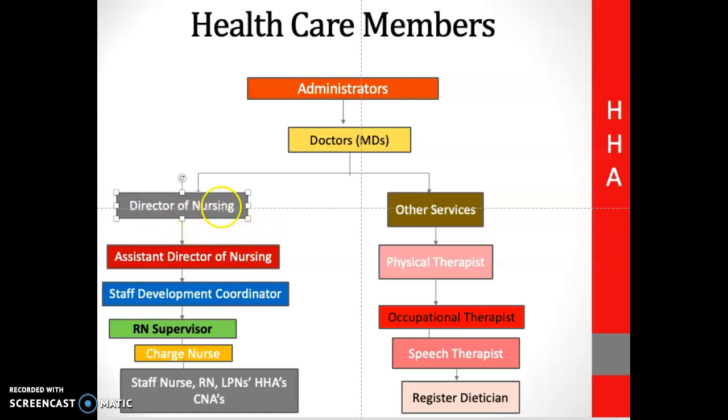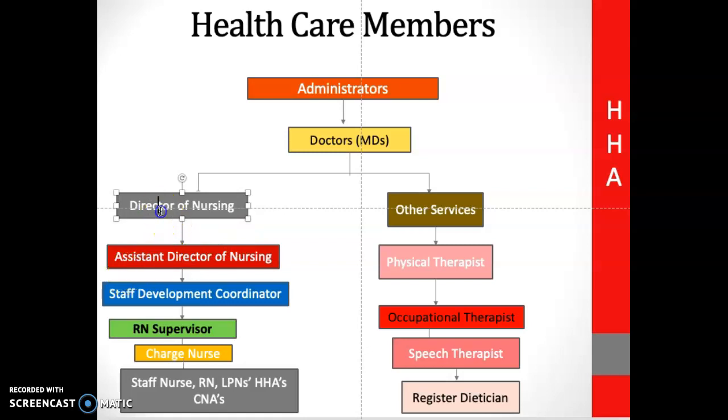Some nursing directors have a bachelor's of nursing, some have a master's, some happen to have a doctoral degree. They oversee everything. They have to be familiar with different types of policies and procedures of the company and the Department of Health, rules and regulations, and so on and so forth.